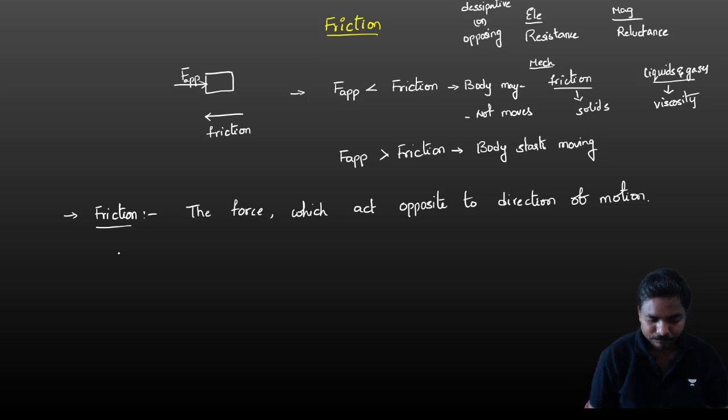So you can say friction opposes the relative motion between two surfaces.